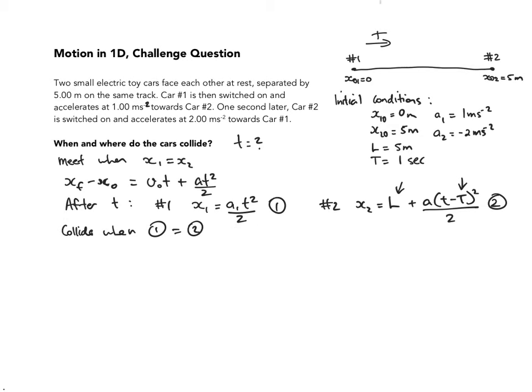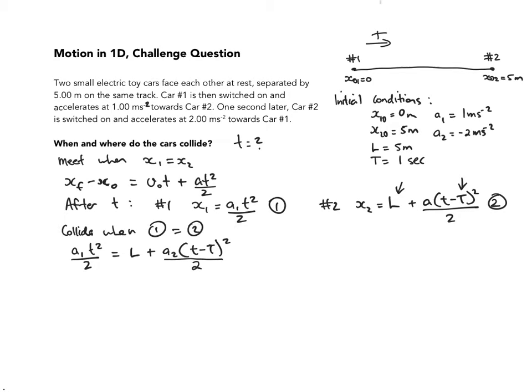So we can set up that equation now. We can say a1 t squared over 2 equals L plus a2 (t minus T) squared. Make sure we get those squared terms right this time. Divide by 2.